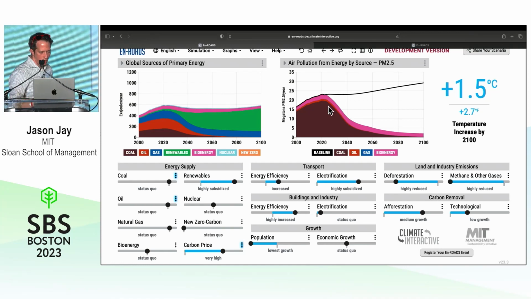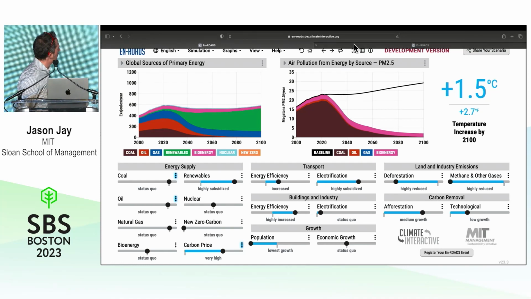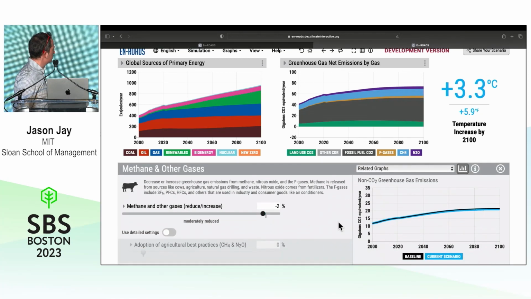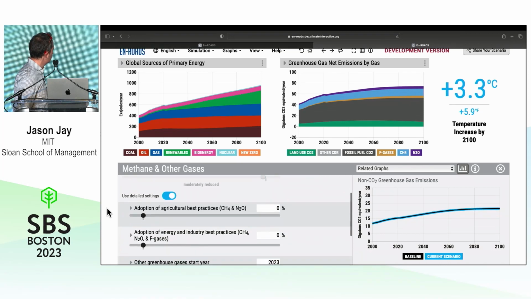Well, I think this is exactly the point of this exercise, for us to find that together, right? We saw that methane and other gases are very powerful. And there is absolutely a part of this that is about agricultural practices and diets and things like that. We can play with that.